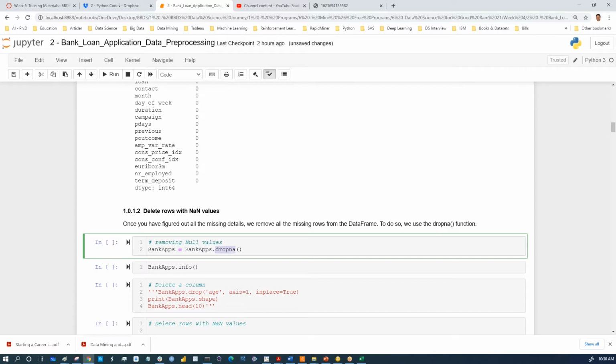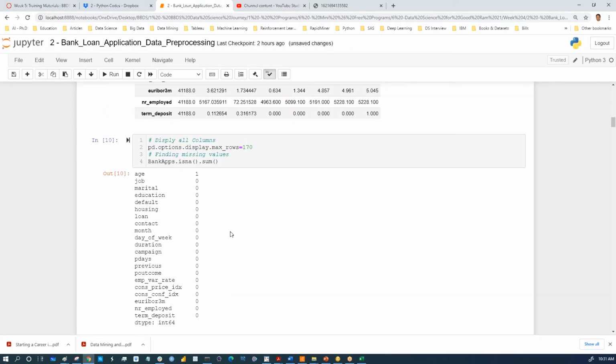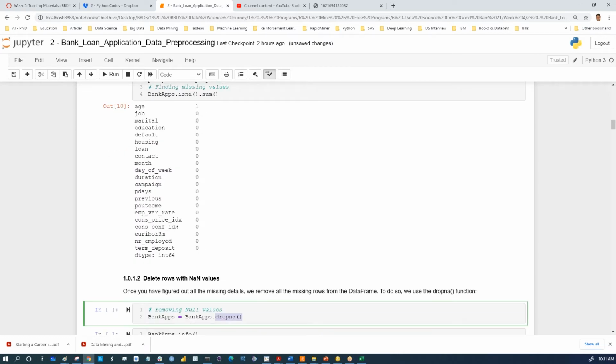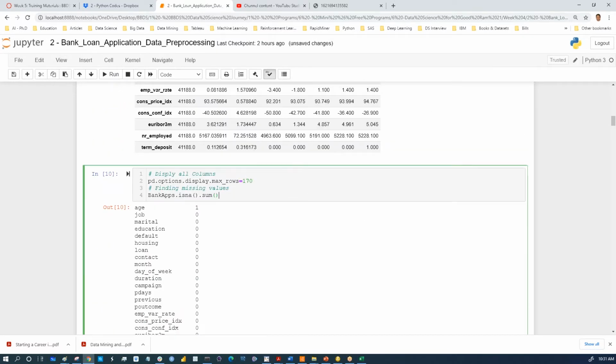We could do dropna. Dropna is going to go through all your data frame and look for those empty cells and remove them. So I'm going to run this dropna, and if I run this one more time, the one record will disappear.